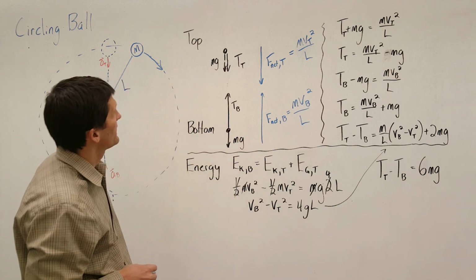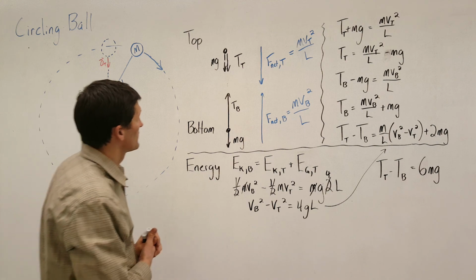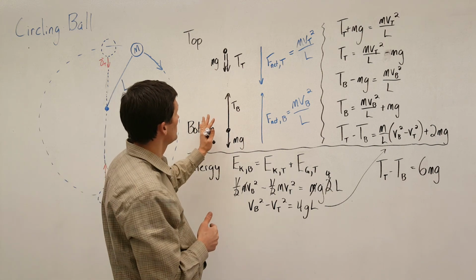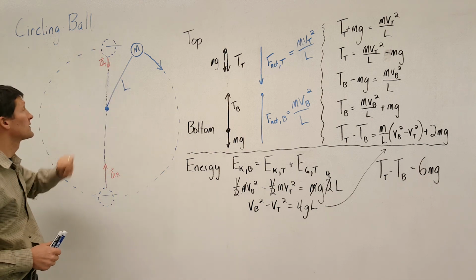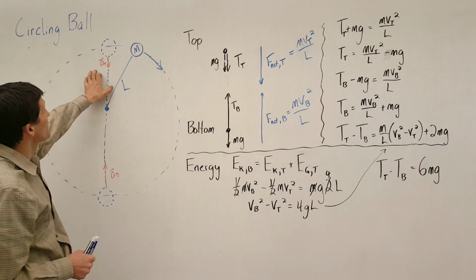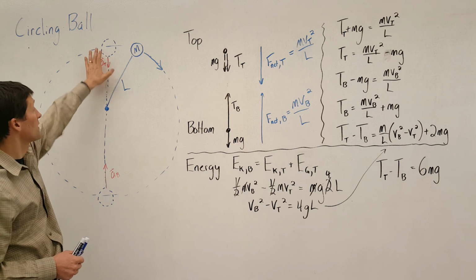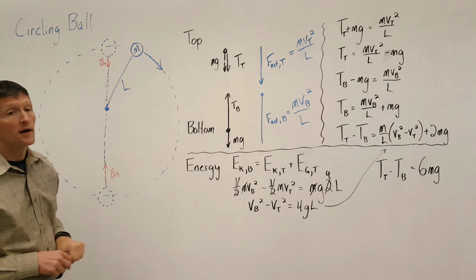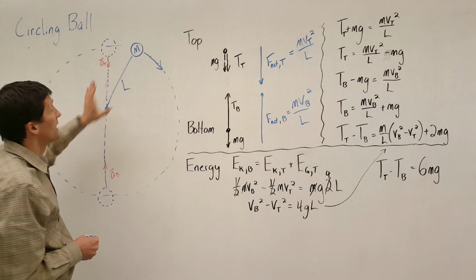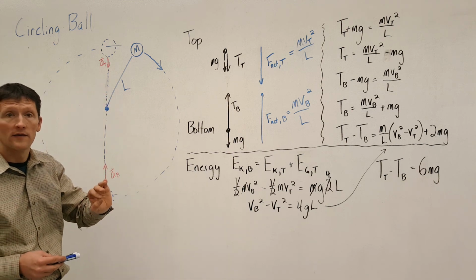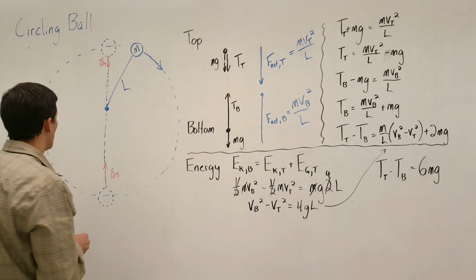And then I noticed that, in order to move in a circle like this, I know that the ball has to have acceleration that's always pointed towards the center of the circle, unless it's speeding up or slowing down.